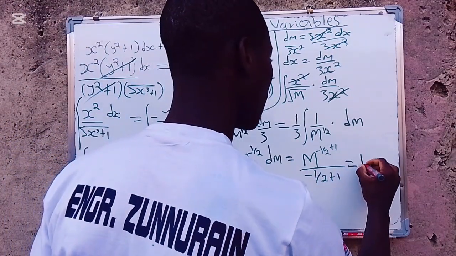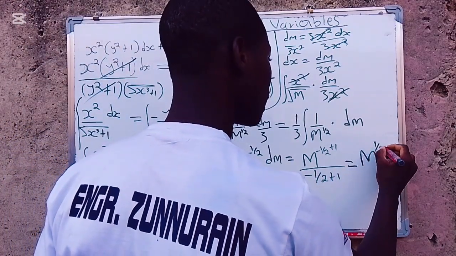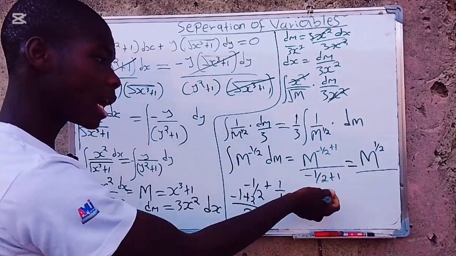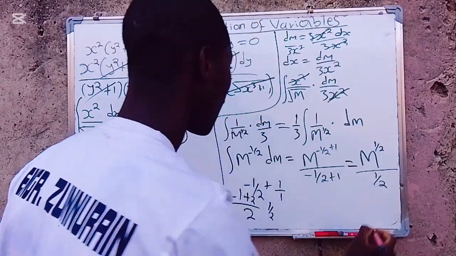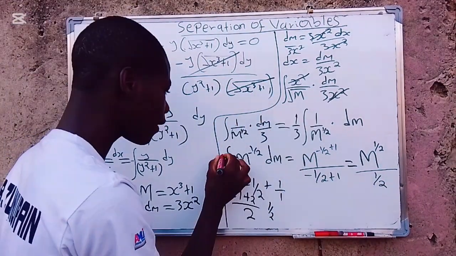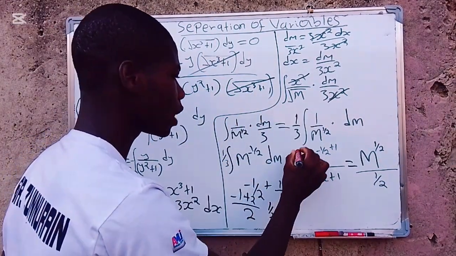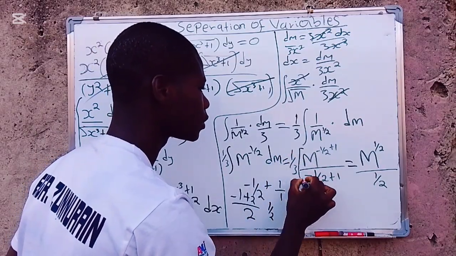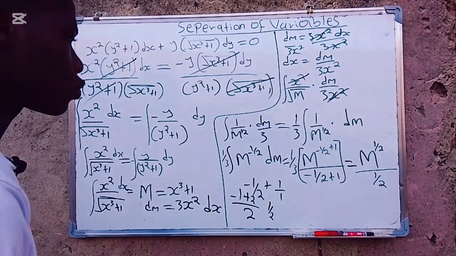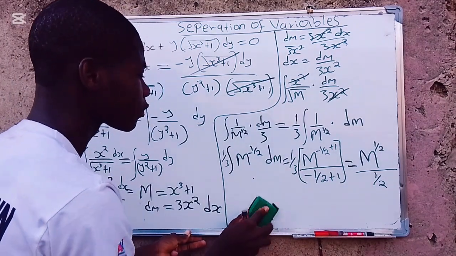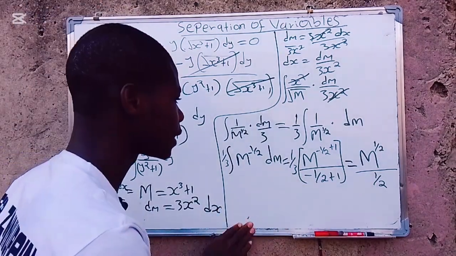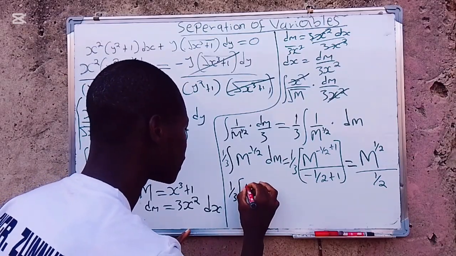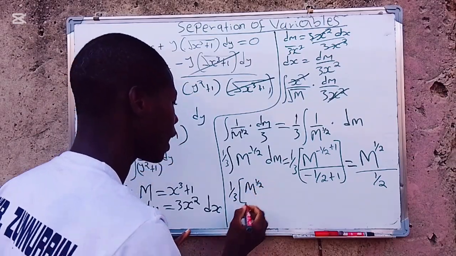So therefore I will have m to the half divided by a half. But don't forget I have this 1 over 3, so I have to multiply by it. So I have 1 over 3 multiplied by m to the half, divided by a half.